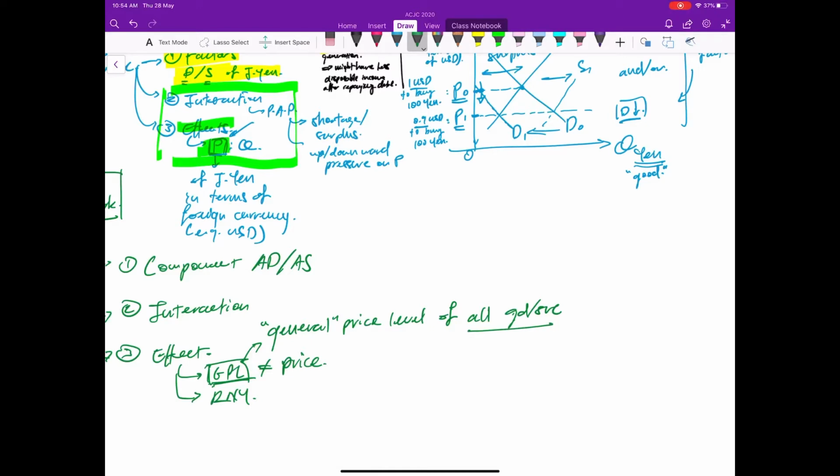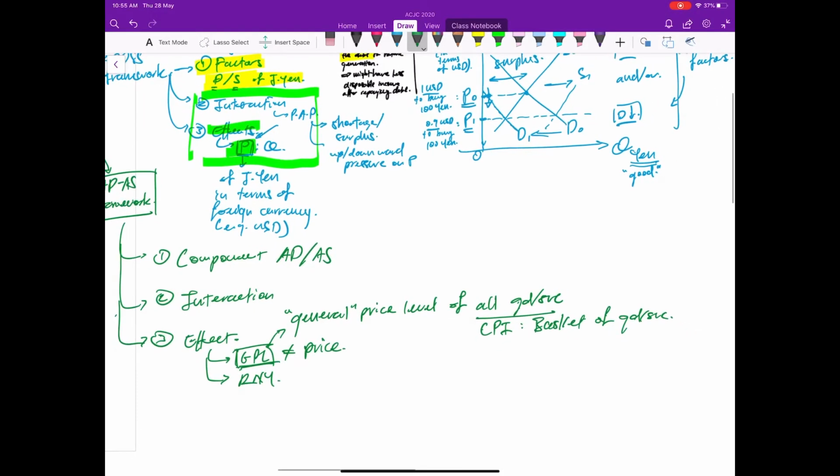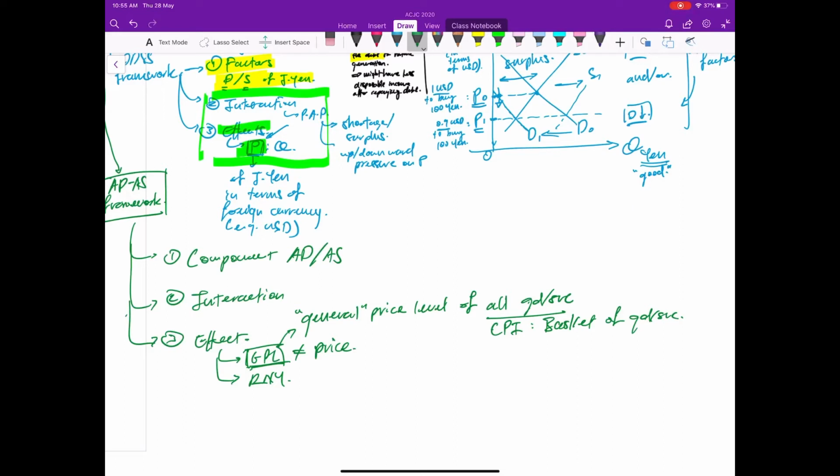Okay, and it is calculated using the CPI for a basket of goods and services. And why am I telling you all this again? You've already learned this under inflation, under price stability, but I want to remind you that the macro concept is general price level, because you are looking at macro, all goods and services in the economy. But micro, you're looking at price of a particular market or good.